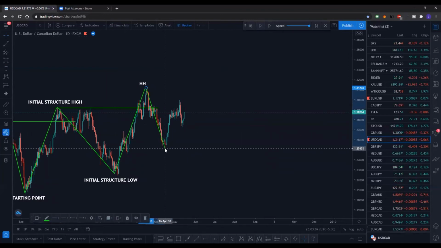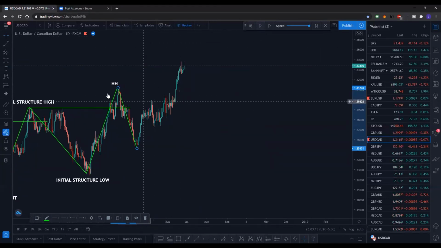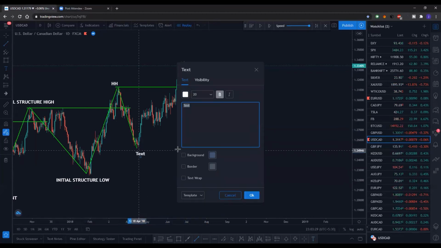We are still doing a pullback. We don't know whether it will come down again. We are worried whether it is going to break below this initial structure low. So let's see. Let it play around. So you see, we now have a break and close above the previous higher high. So now we can call this a higher low.